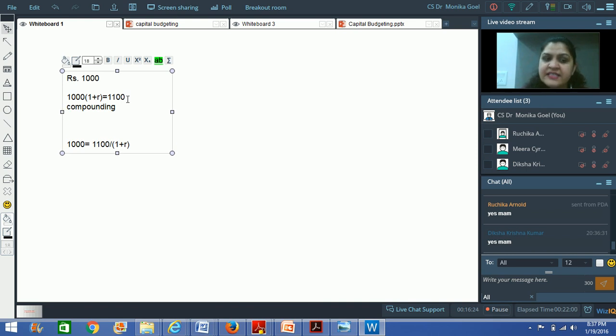Now if I just change the formula, and you say that you would pay me 1100 rupees after 1 year, what is the value of this 1100 rupees today? That is equal to 1100 divided by (1 plus R). So what I'm doing is using a discounting formula. Discounting is the opposite of compounding.